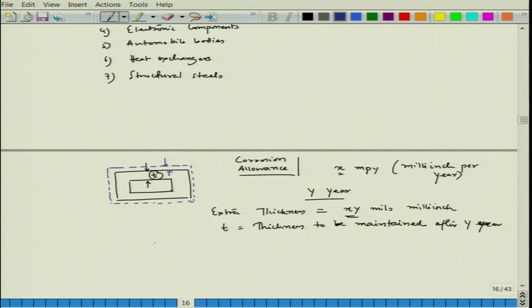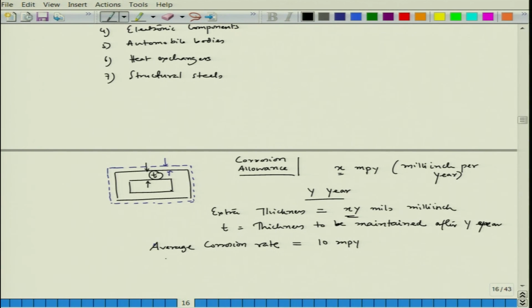For example, let us say I have an average corrosion rate of 10 MPY.